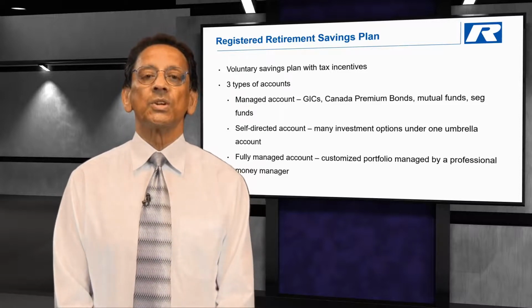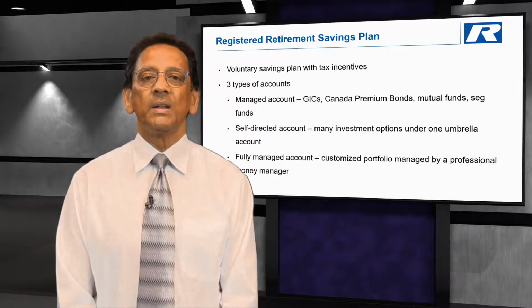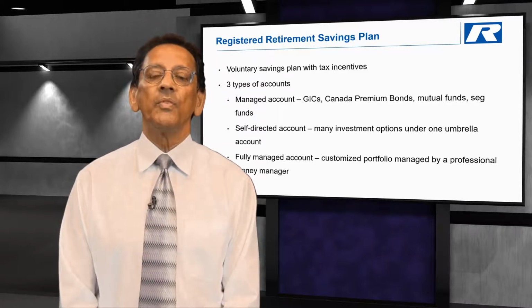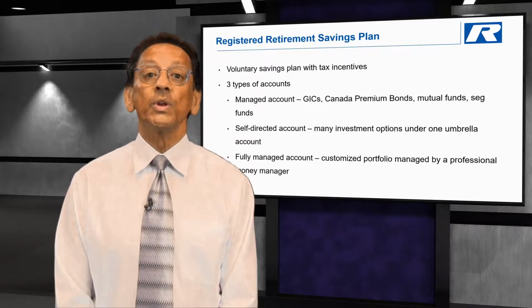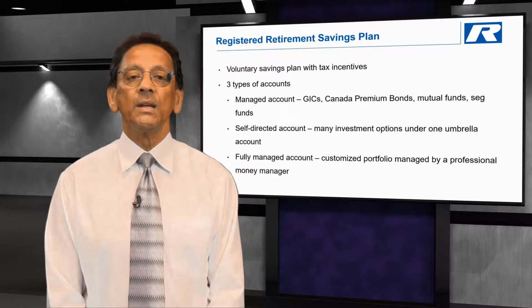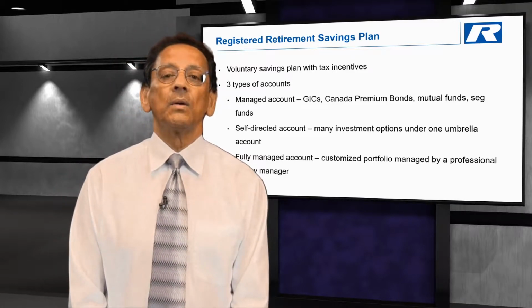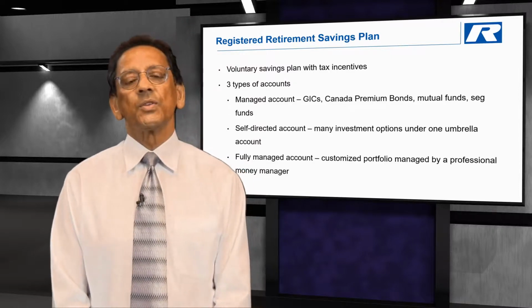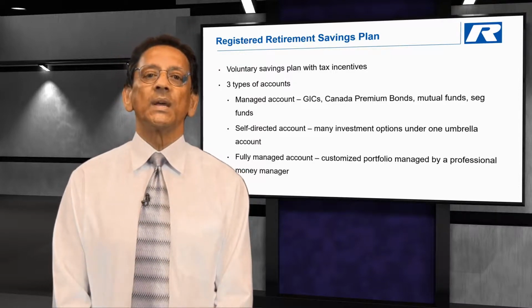In fact, Old Age Security and Canada Pension Plan are designed probably to meet about 25% of our income needs when we retire. And so there's a lot of onus on Canadians to take care of their own retirement income needs.